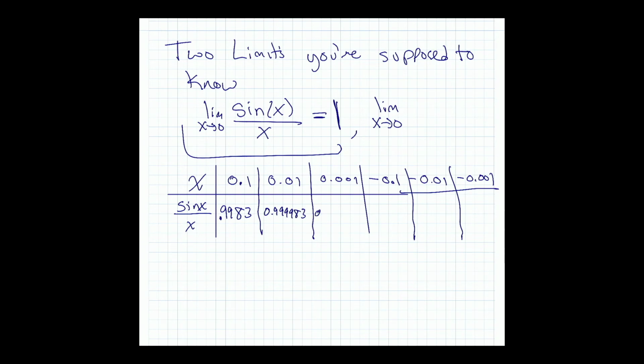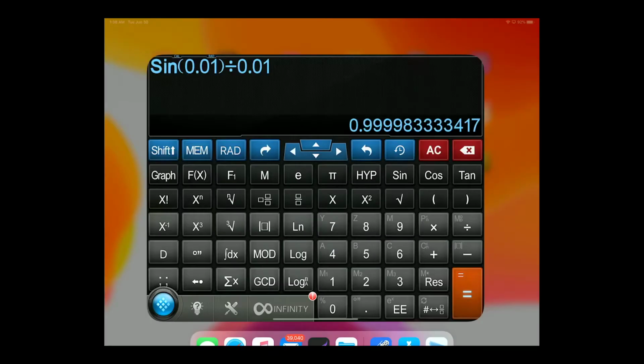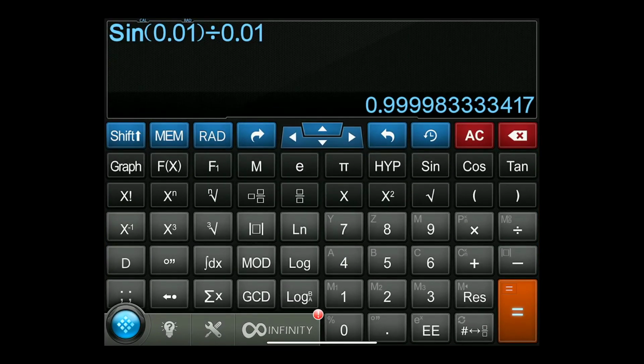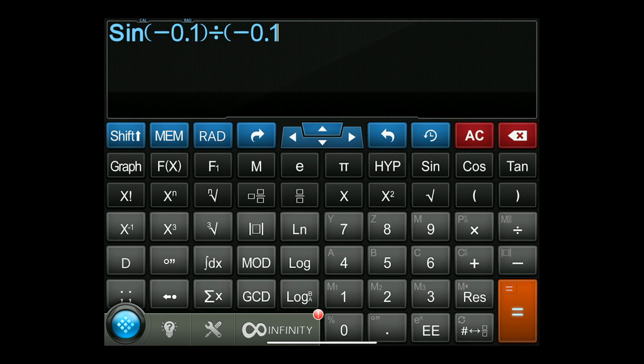I'll save you the trouble. This is going to be 0.9999998, right? Hopefully you can see that those are very close to 1. You have to do this from the negative side as well. So you plug in negative 0.1. So go back here. Put a minus there. Put a minus there. Same number.